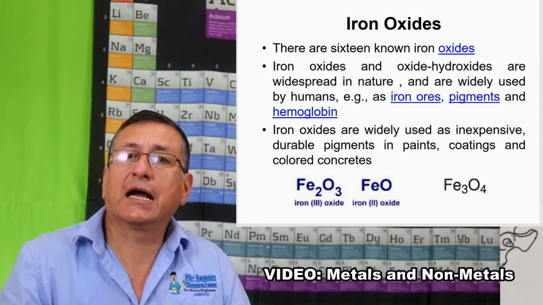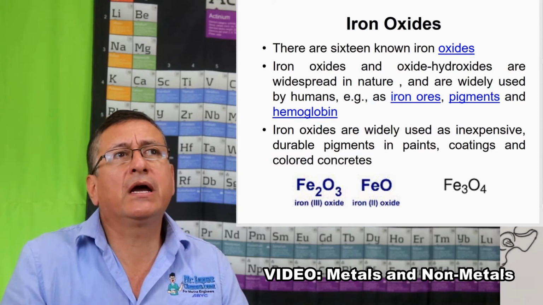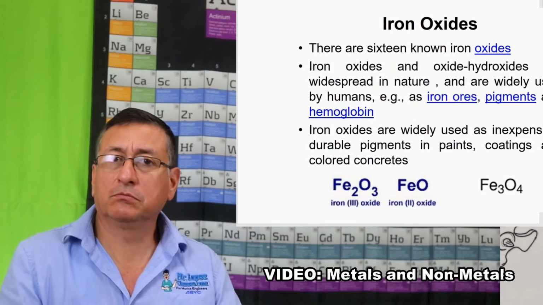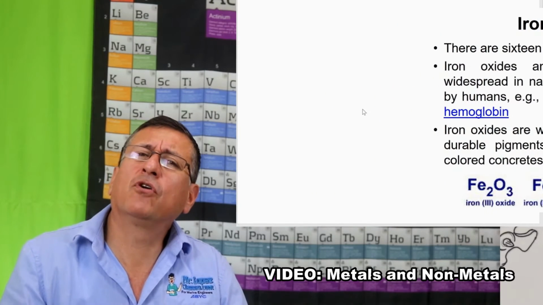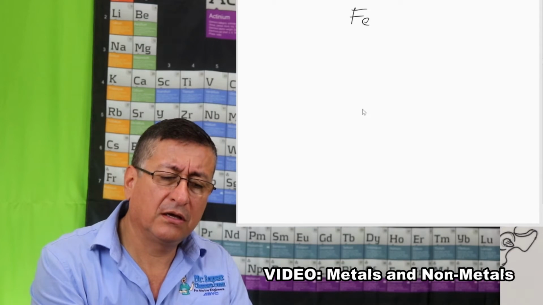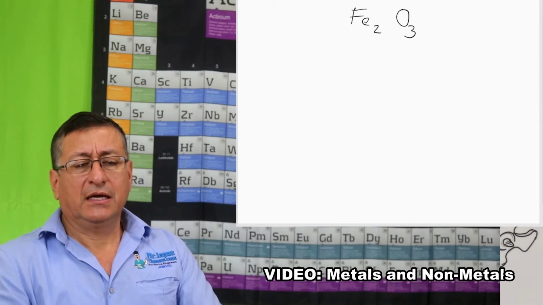When the oxygen attacks the metal, suppose that we have oxygen and we have iron. What is the formula for the oxide of iron? The oxide of iron is Fe2O3. What is the meaning of that?